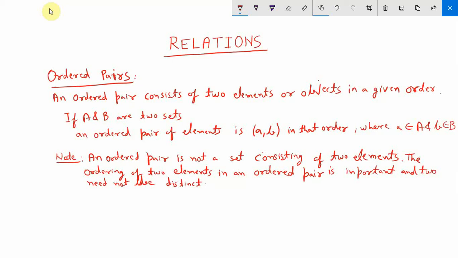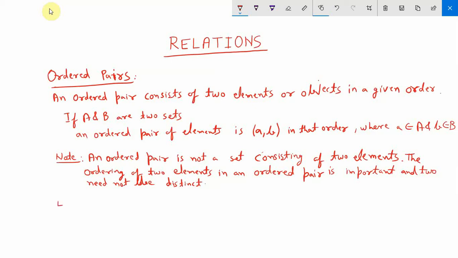So, if we consider a 2D plane in a Cartesian coordinate system, ordered pairs like (1, 2), (2, 5), (3, 7), (9, 5) represent different points in a plane. Okay, friends.